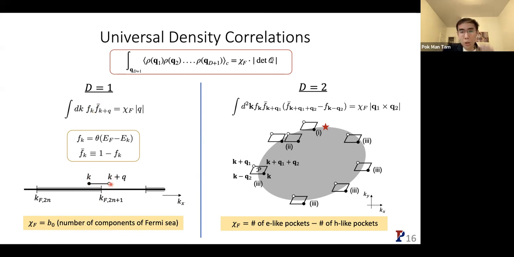For this point I'm going to use a hollow circle to represent it. So this point corresponds to k plus q, at which you evaluate f bar. If this point is outside the Fermi sea, then f bar equals 1. So you can see that this interval, representing this integrand, would only give you a non-zero contribution, in which case it would be 1, when this black dot is inside the Fermi sea and this white dot is outside the Fermi sea.